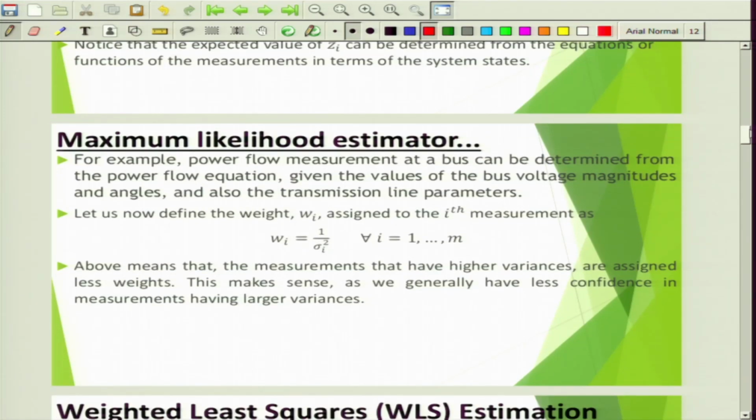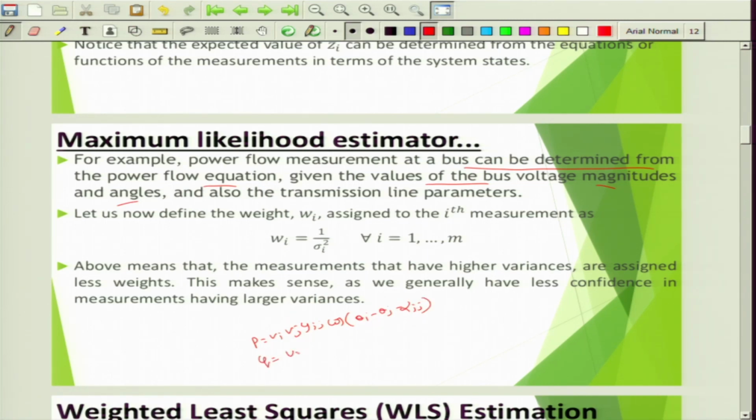So for example, the power flow measurement at a bus can be determined from the power flow equation given the values of the bus voltage magnitude and angles. Here bus voltage and angle are the state variables, correct. So let us say you need to find out the power flow, that P is nothing but, we know this way, Vi Vj Yij cosine of (theta i minus theta j minus alpha ij), right.